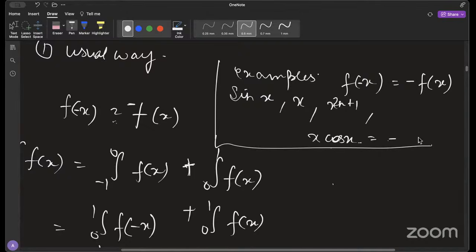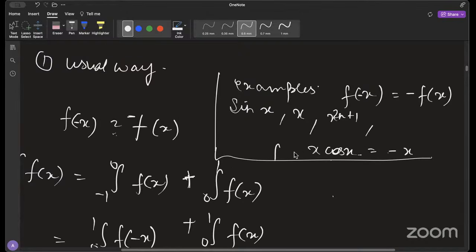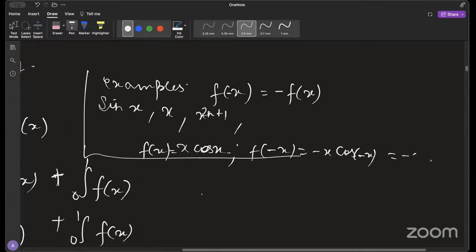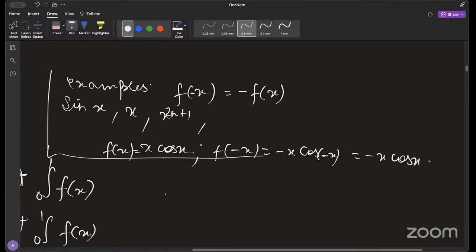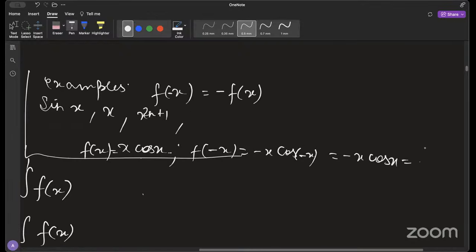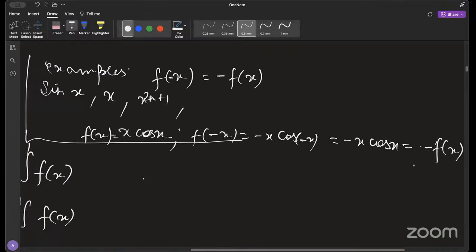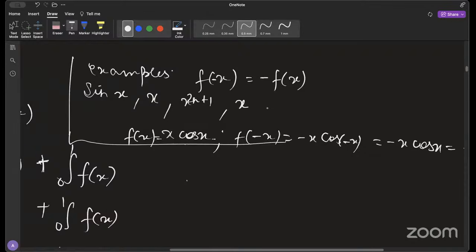If this is your f(x), then your f of minus x will be minus x and cos of minus x, and cos of minus x is just cos x, so it will be minus x cos x, which is the same as minus of f(x).